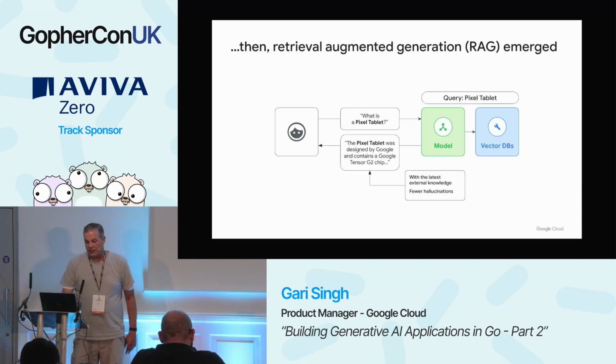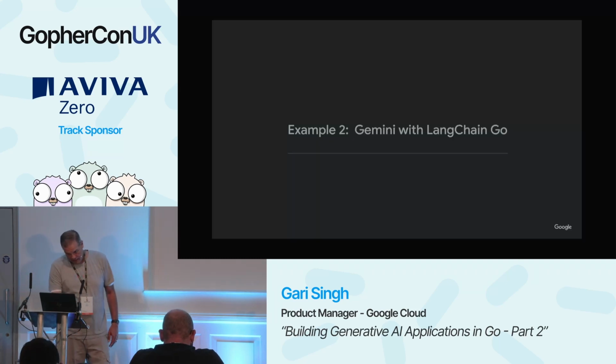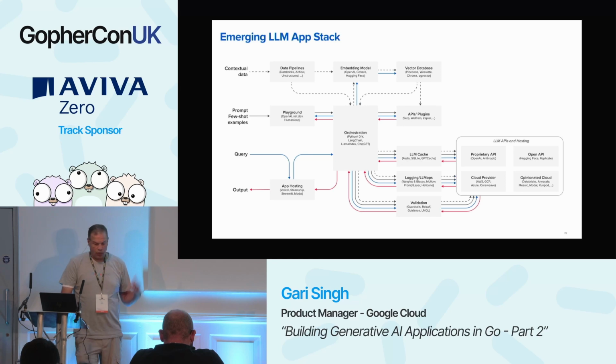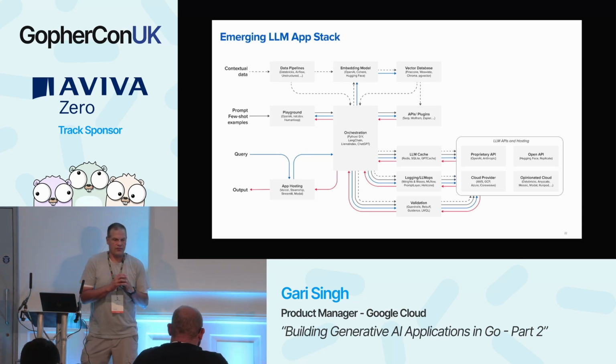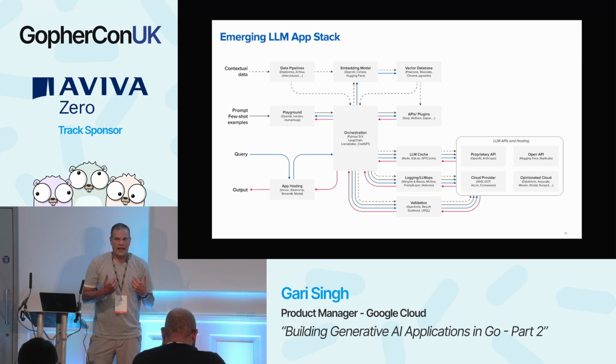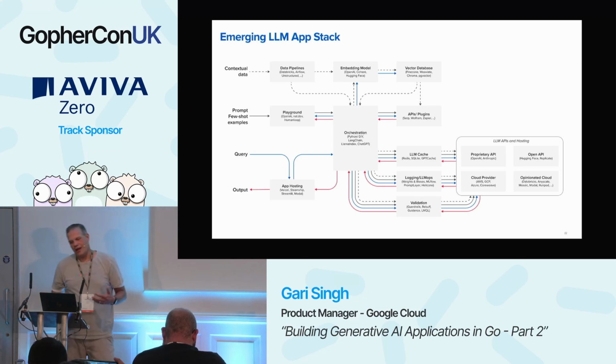We can skip over this. The other thing here was that with models, while you might just do what ChatGPT does, say, who is Gary Singh, send it into the model, and get something back, a lot of times you need to do way more than that. Like everything else, there is now a complex stack of functions and capabilities that you need to use.